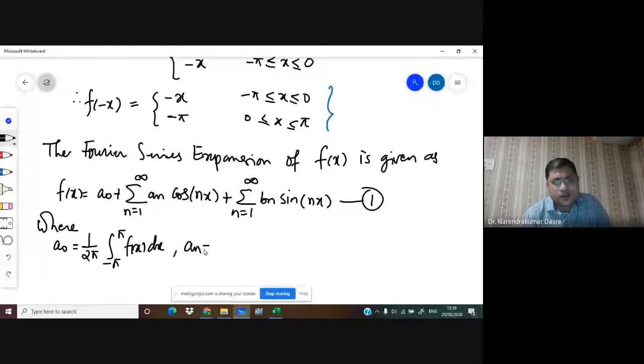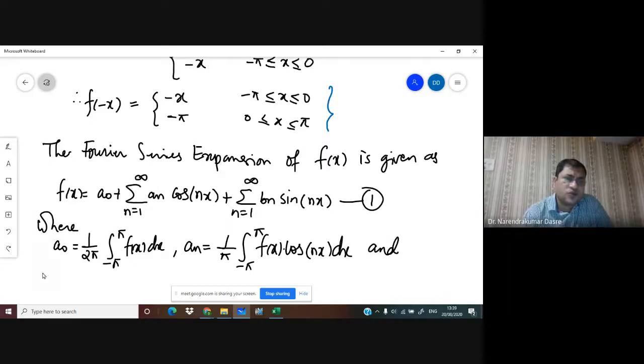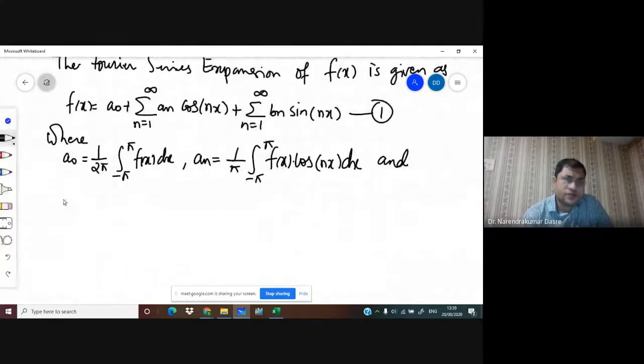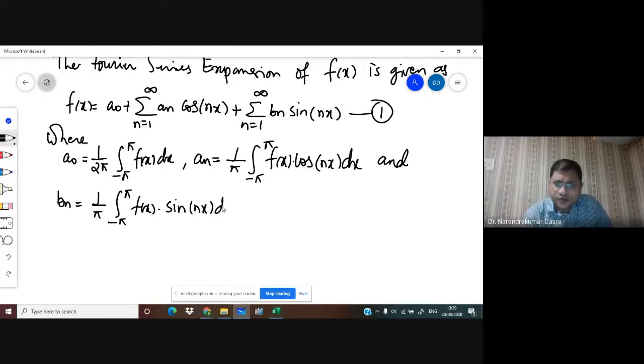An is equal to 1 upon pi, minus pi to pi f of x cos of nx dx, and we have bn is equal to 1 upon pi, minus pi to pi f of x sin of nx dx.